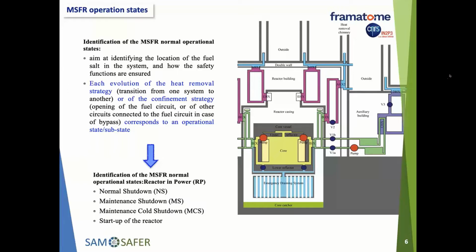So you can see that we define the heat removal strategy for each state of the reactor. And related to this heat removal strategy, we have identified normal operational states, which are reactor in power, normal shutdown, maintenance shutdown, maintenance cold shutdown, and startup of the reactor.